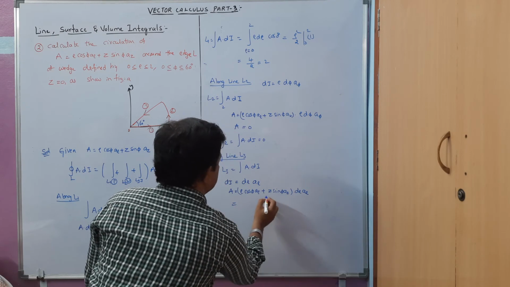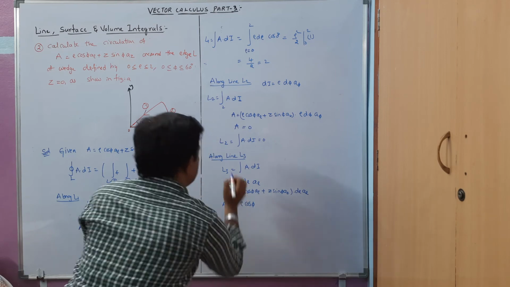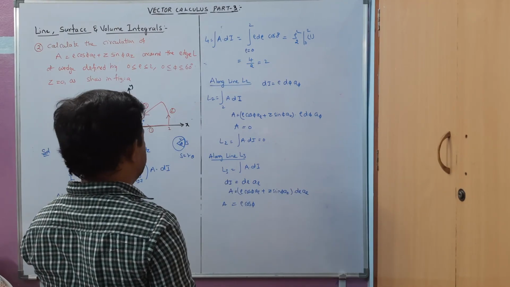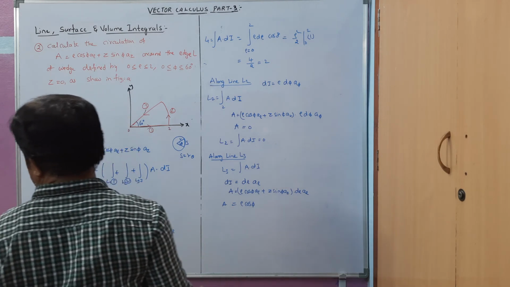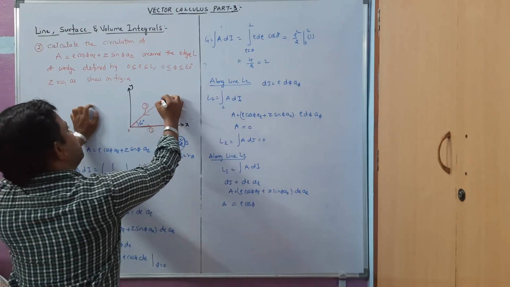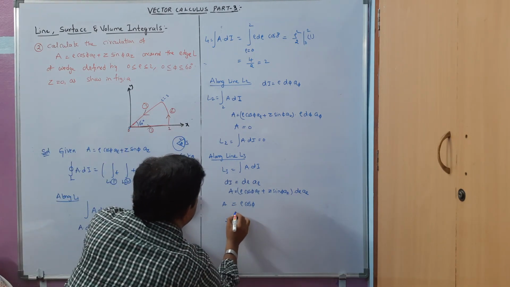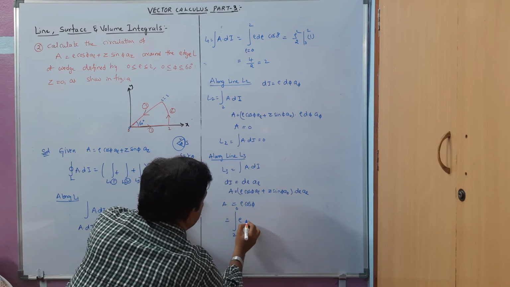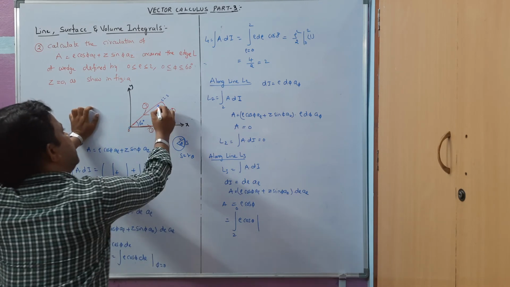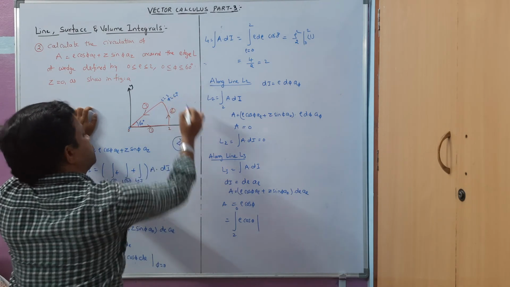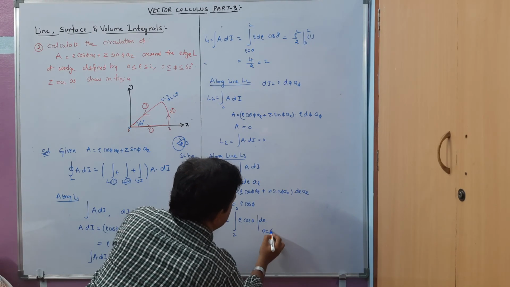So what does it become? a rho dot a rho is 1, so we get rho cos phi d rho. Now we have to integrate this with rho taken from 2 to 0. For this line, phi is equal to 60 degrees.